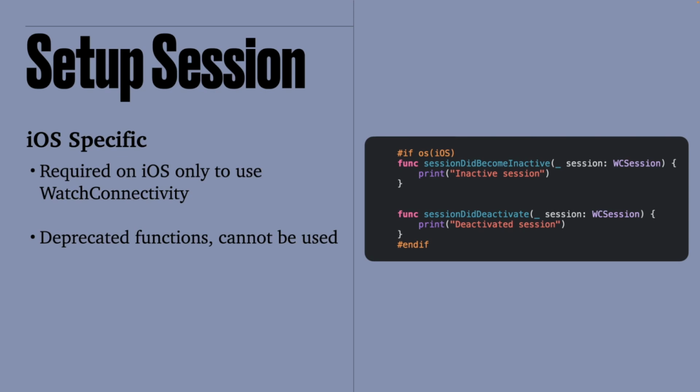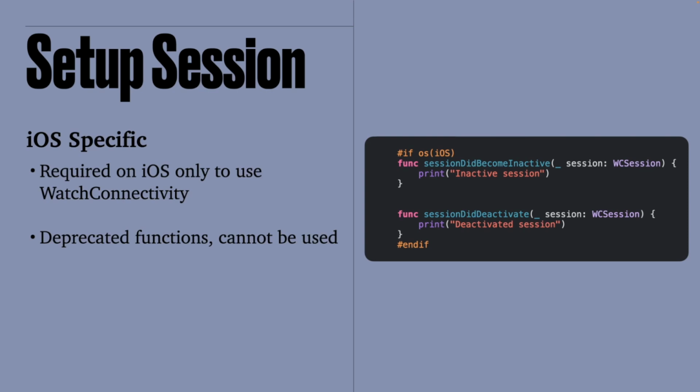One more thing that I want to note about setting up our session before we go on. This snippet of code here on the right is something that's going to be required for your connection system to work. The reason being, they're deprecated functions that aren't included with the watch, so you can't use them.